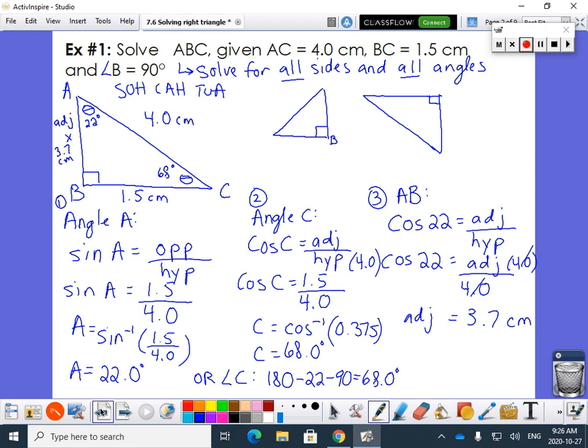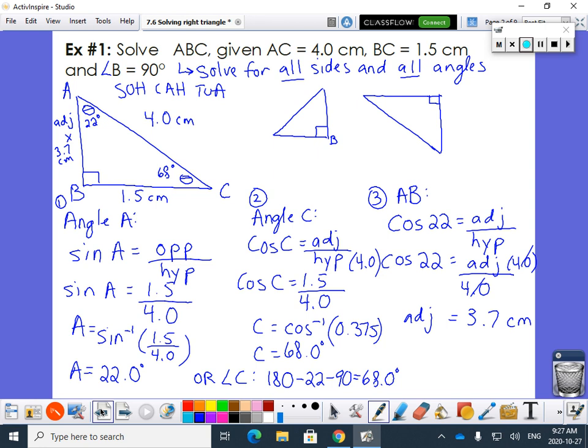So tell me one more time. If I wanted to figure out AB using a trig ratio, we happen to use cos here. But if I wanted to look at this angle, someone give me one that you could have used that's different than cos. If I'm going to use 68 degrees as my angle, and I'm trying to figure out this side, the opposite.